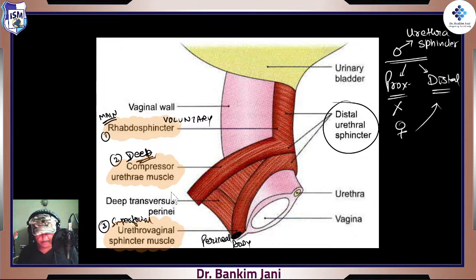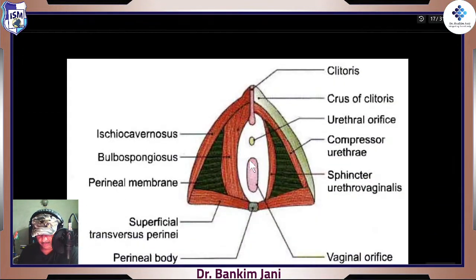Okay, so these are the three parts. Here it is, right? That is the perineal body. Superficial transversus perineae, that is meeting over there, right? And here it is the bulbospongiosus, that is also good.